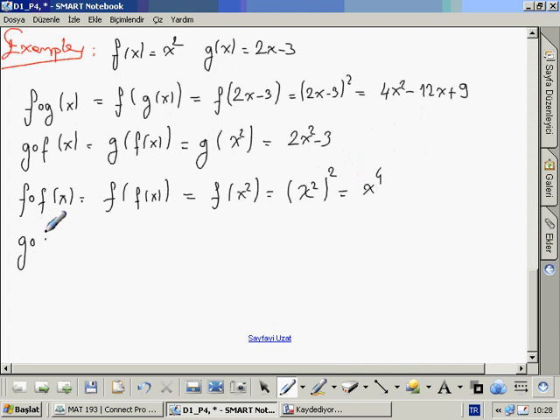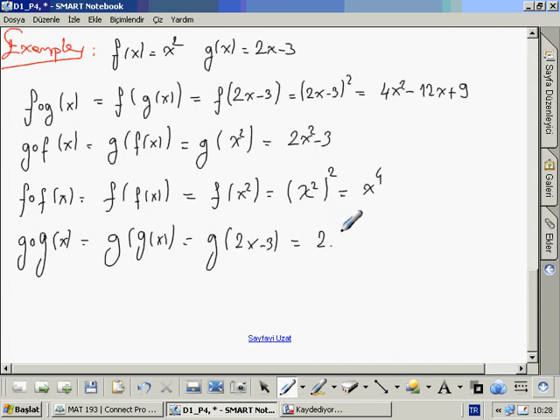And the g composite g function equals g of g of x, g of 2x minus 3, so it will be 2 times 2x minus 3, minus 3, so it equals 4x minus 9.